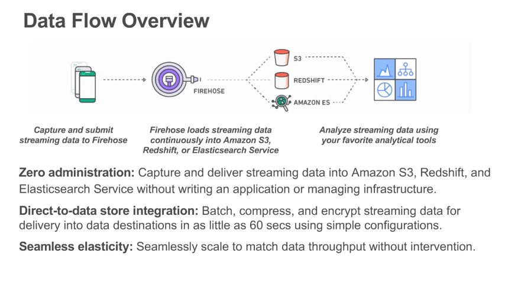Sitting in the middle is the Firehose service, and that's the core service we're going to use today for the streaming data ingestion. The Firehose service will capture this data from your data producers in a continuous streaming manner. Then on the right-hand side, the Firehose service will automatically deliver the data into the destination that you specify. And today the service supports Amazon S3, Redshift, and Elasticsearch service as the destination.